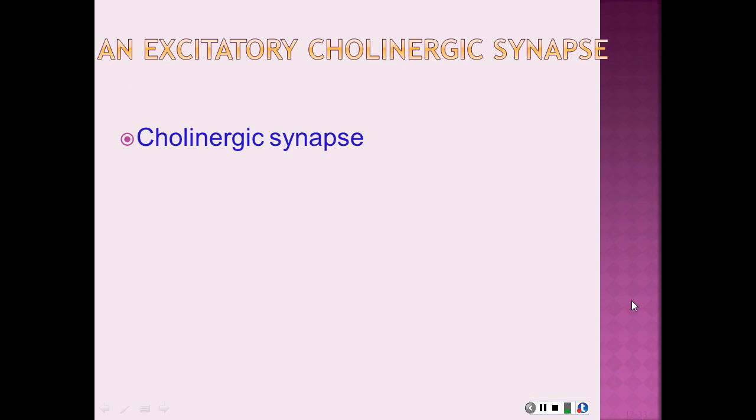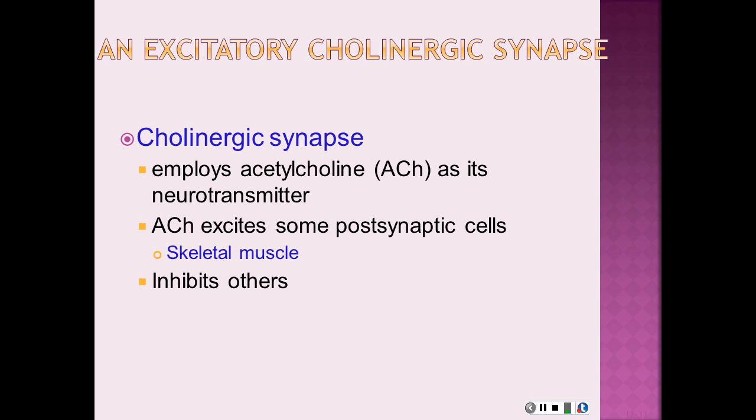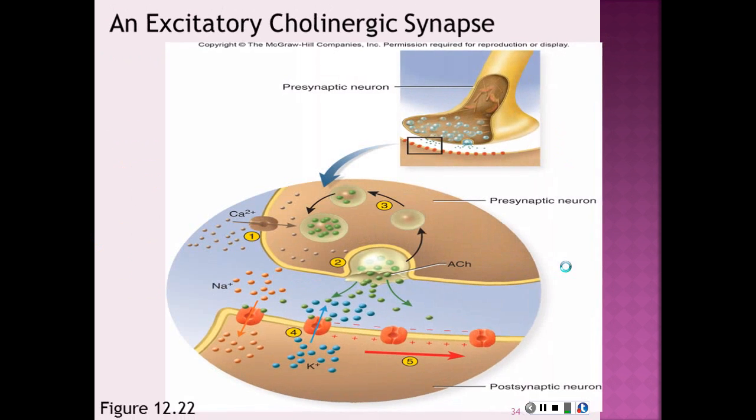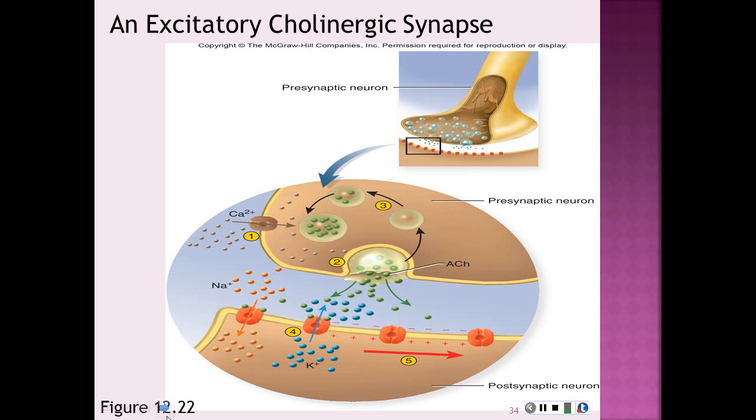Now the excitatory cholinergic synapse employs acetylcholine as its neurotransmitter, and it follows a number of steps. When we look at the steps in figure 12.22, we see the arrival of a nerve signal at the synaptic knob.